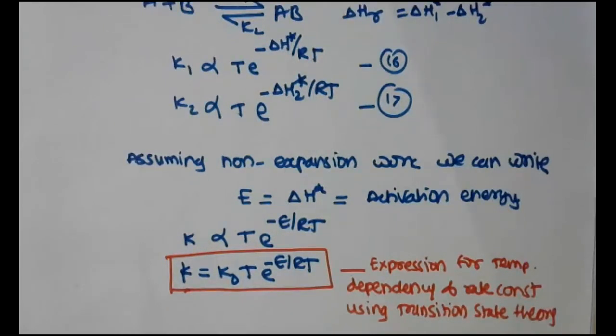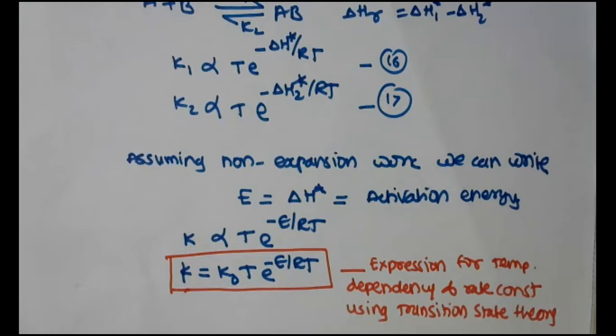So in this way, we have derived an expression related to temperature dependency of rate constant with the temperature. This expression is derived assuming the presence of transition complex and the equilibrium relationship of the transition complex with the reactant during the reaction.